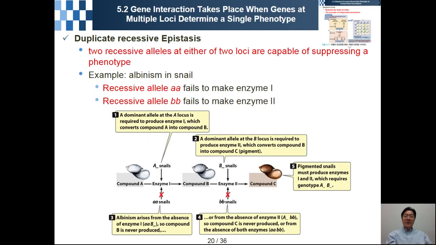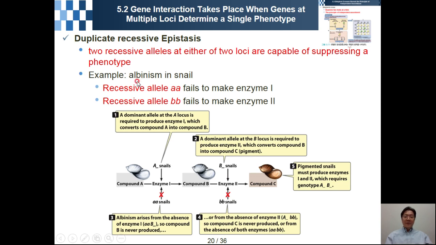How about this one? This one has the two recessive alleles on chromosome 1 and chromosome 2, at either of two loci, this one or this one. So this is the duplicate recessive epistasis, capable of expressing a phenotype.